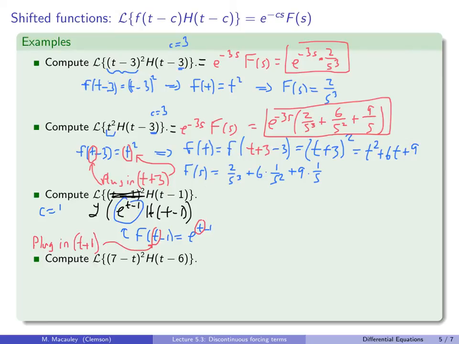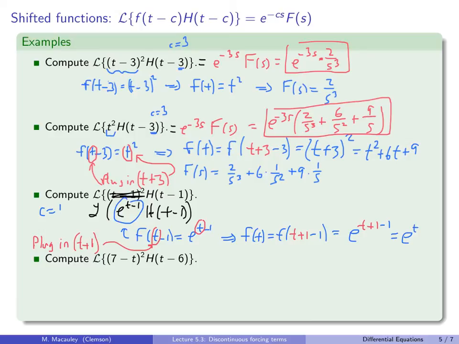And then we get f of t equals f of t plus 1 minus 1. So take our e to the t minus 1 and plug in t plus 1 minus 1, and we get e to the t.